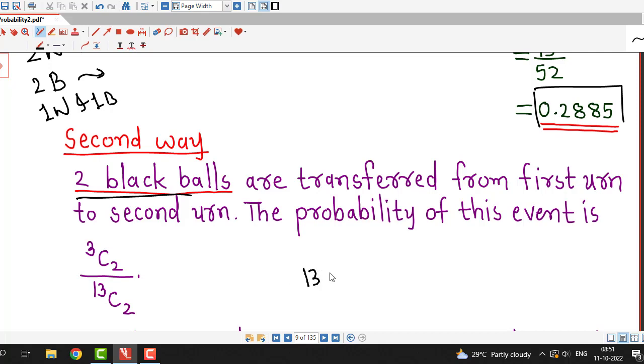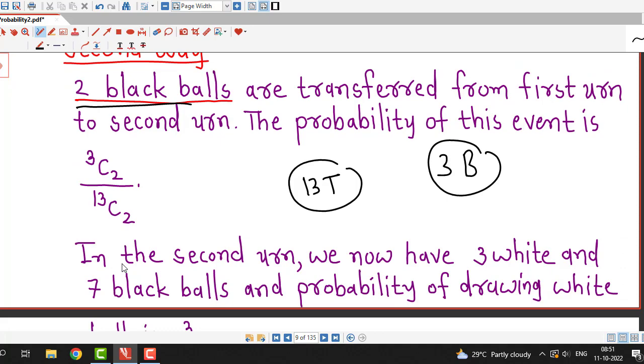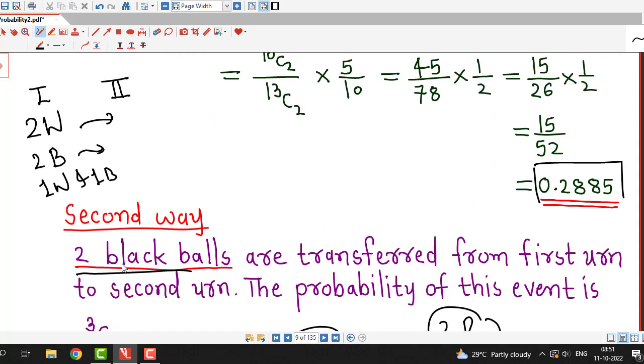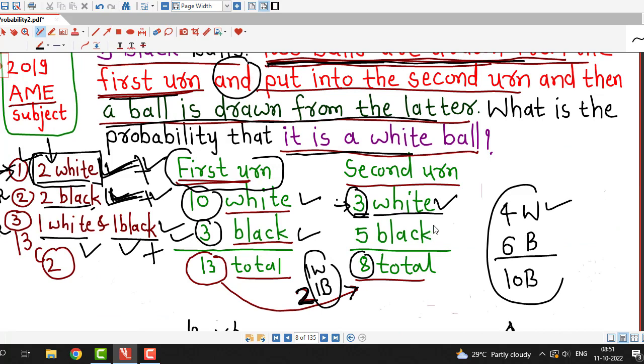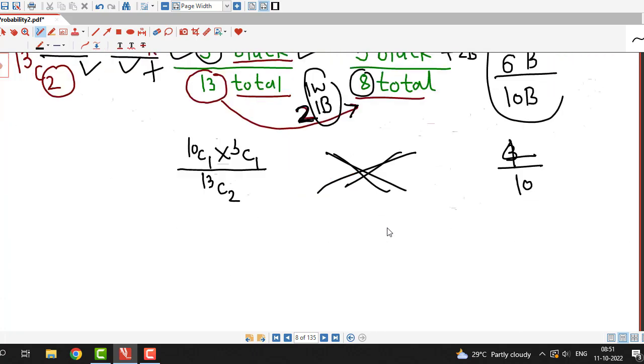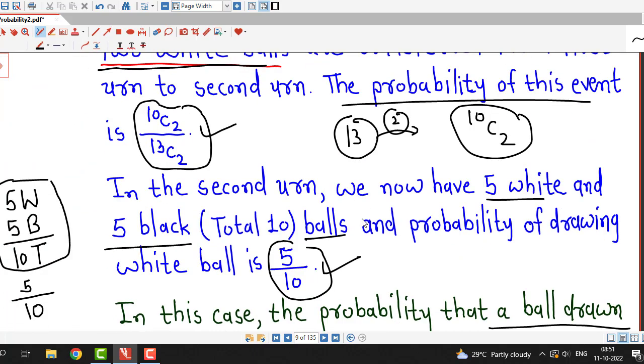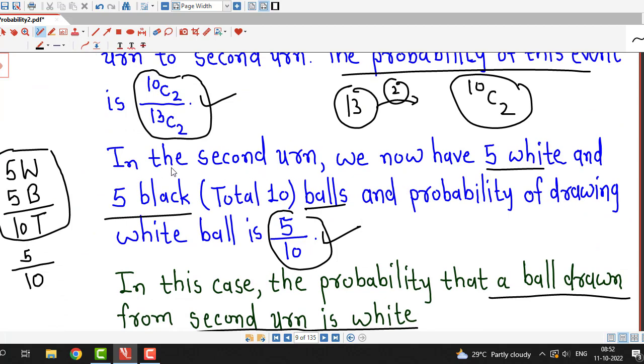There are a total of 13 balls in the first urn and 3 black balls. So this probability is 3C2 divided by 13C2. And now if we transfer two black balls into the second urn, then we have to add two black balls here. So I will now have 3 white and 7 black balls in the second urn.